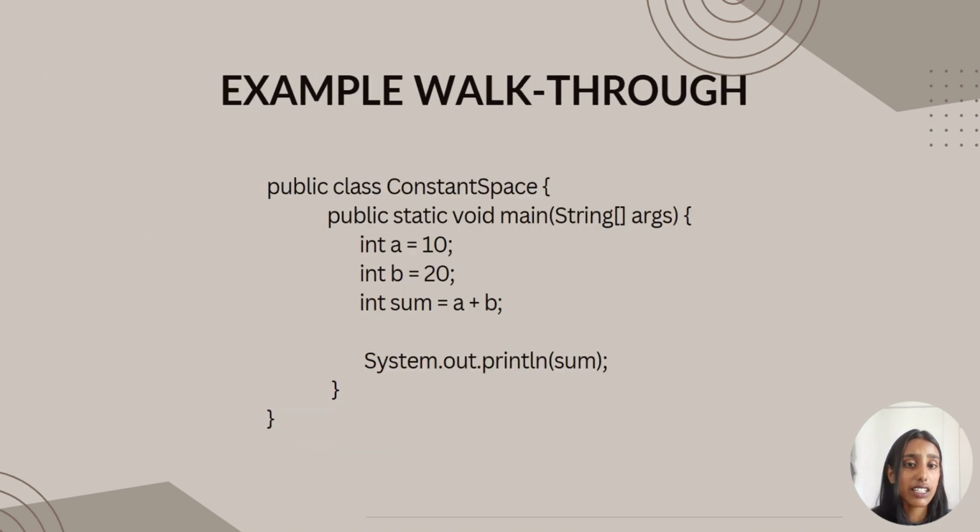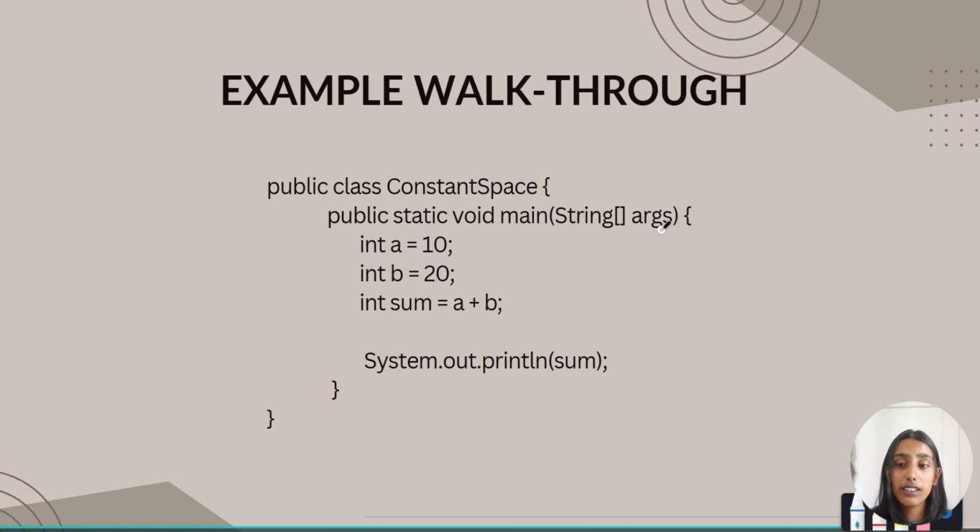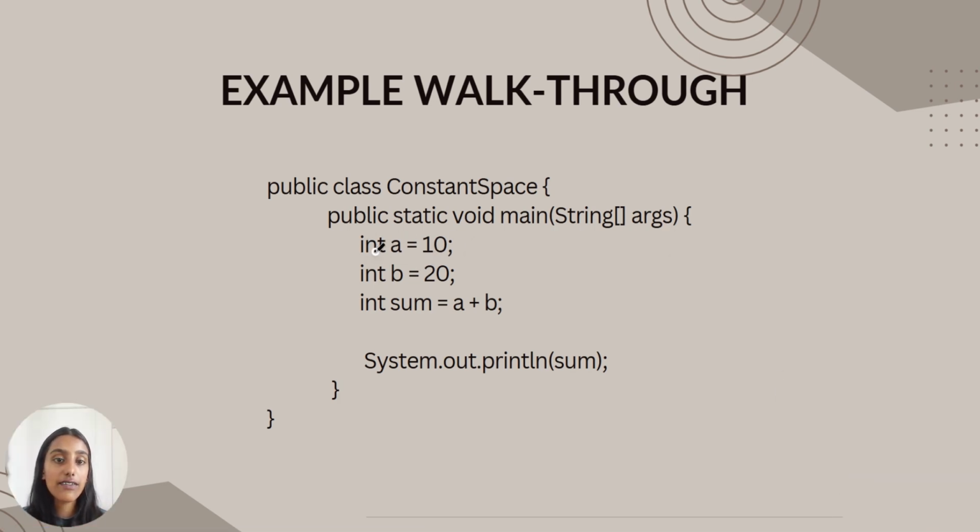Let's take a look at an example. Here we have three variables: int a, int b, and int sum. Let's say that int a requires 4 bytes, and let's assume that int b also requires 4 bytes, and sum also requires 4 bytes.